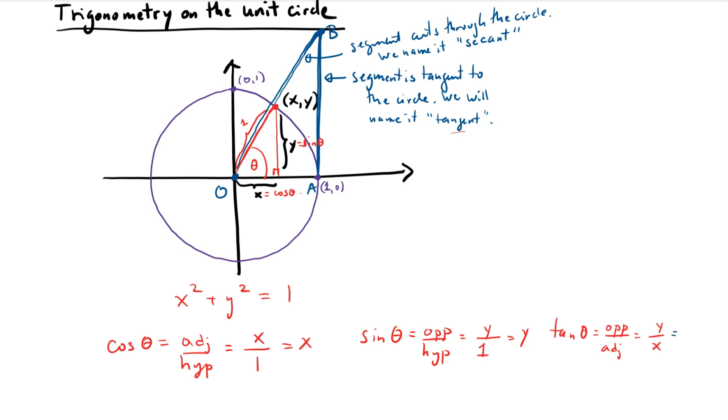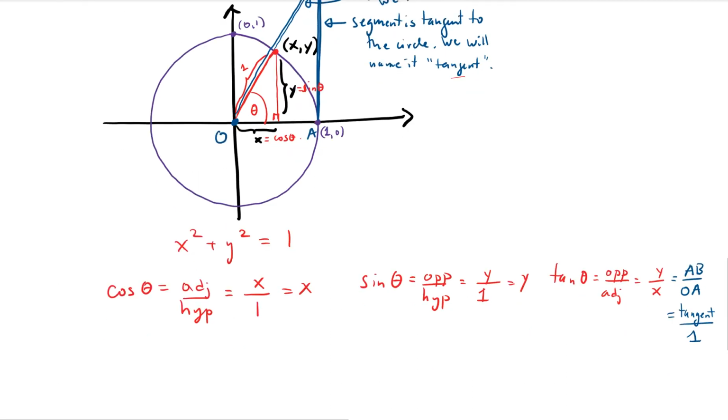So the opposite side to theta on the blue triangle is AB. And the adjacent side of the blue triangle for angle theta is OA. Okay, so AB is actually what I've called the tangent. And OA is actually the radius of the unit circle. That's actually 1.